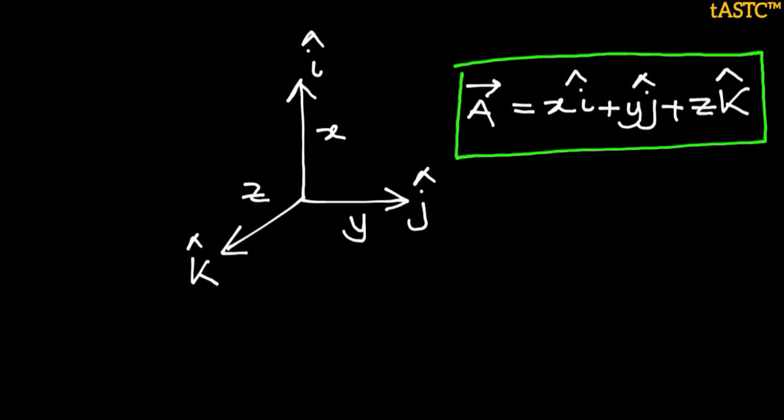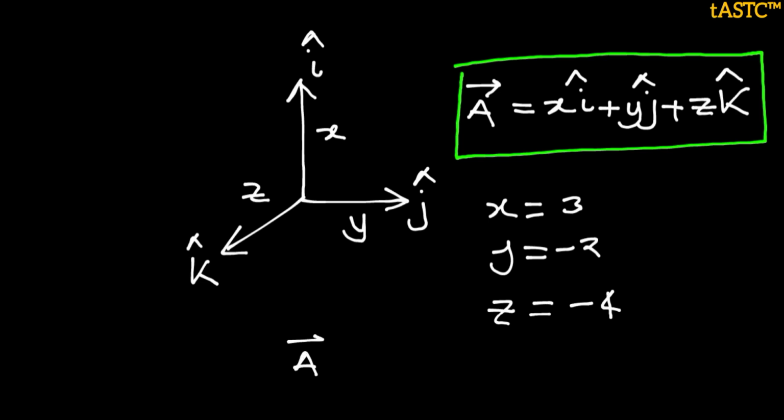So if we got x, let us say x is equal to 3, let's say y is equal to minus 2, and z, let's say that is equal to minus 4, and this is going to be a.